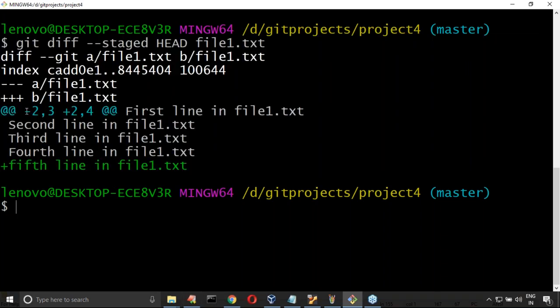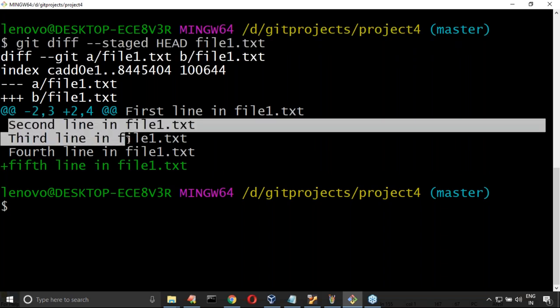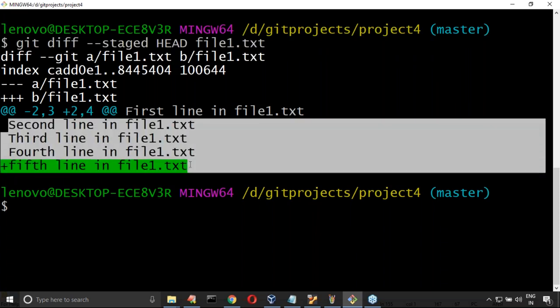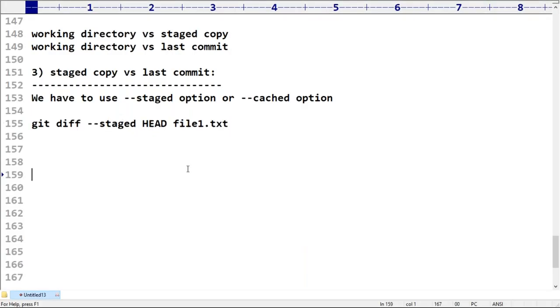Are you feeling comfortable? So in the destination, from the second line onwards, total 4 lines, but in the source, from the second line onwards, total 3 lines. Yes, you can see. Next, here interchange is not there. One more thing: here HEAD is optional.